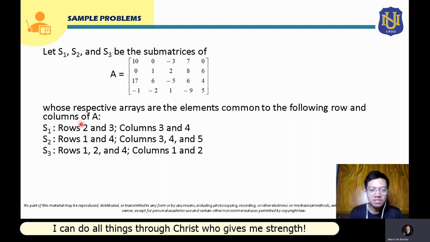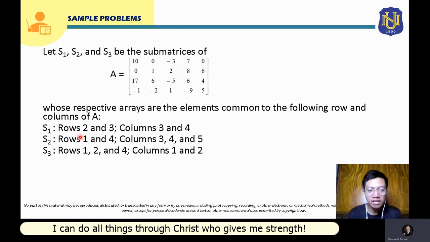For your S1, it is rows 2 and 3, and columns 3 and 4. So these are rows 2 and 3, and your columns 3 and 4 will be this. So this is the submatrix that we are looking for. This will be the S1.